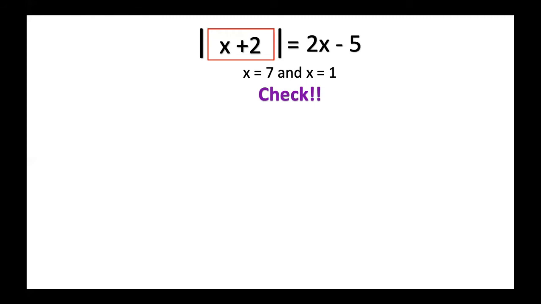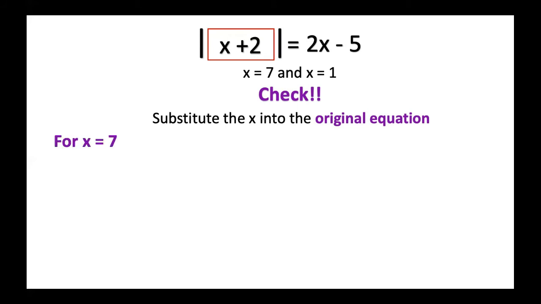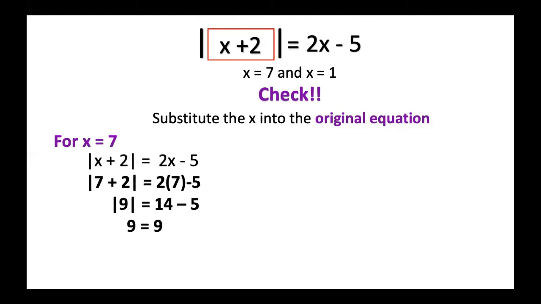We need to do the checking process by substituting x into the original equation, which is the absolute value of x plus 2 equals 2x minus 5. Let's check the first one, x equals 7. Replace x with 7, and we get 9 equals 9.